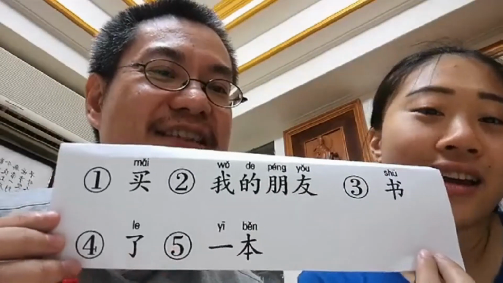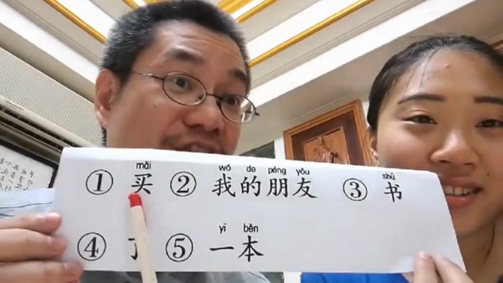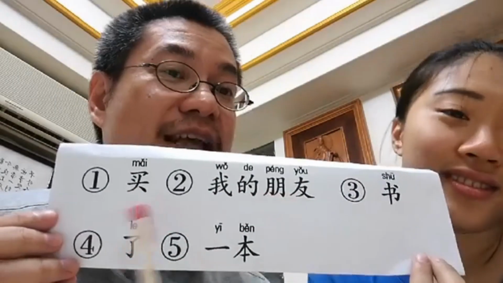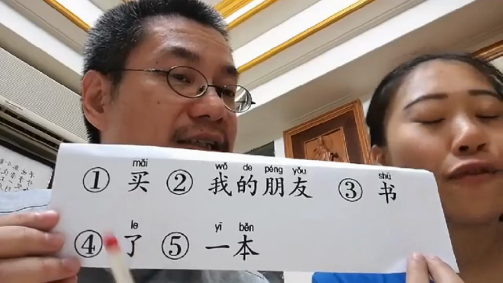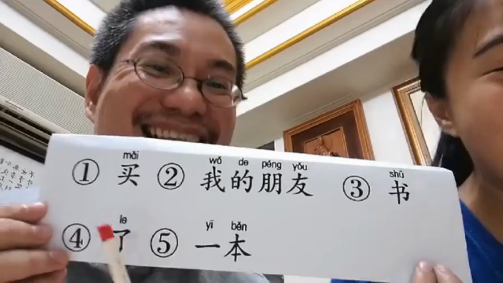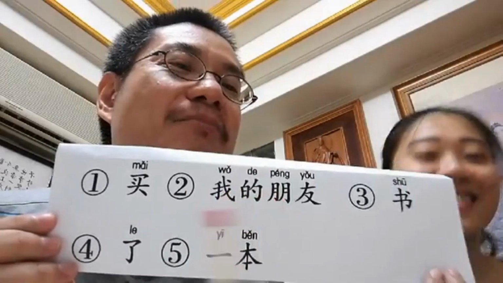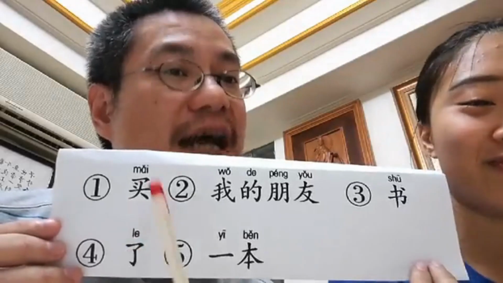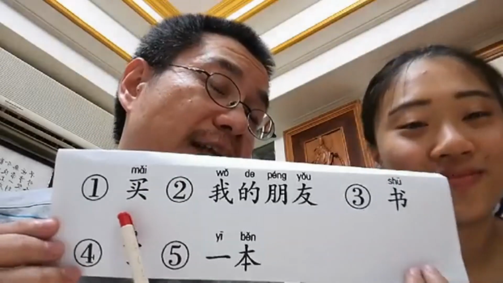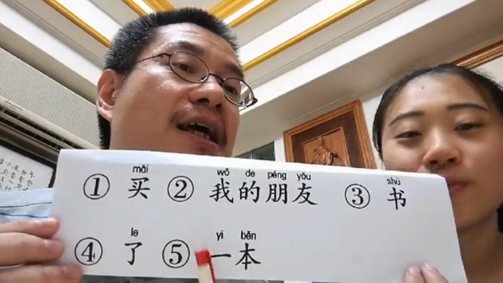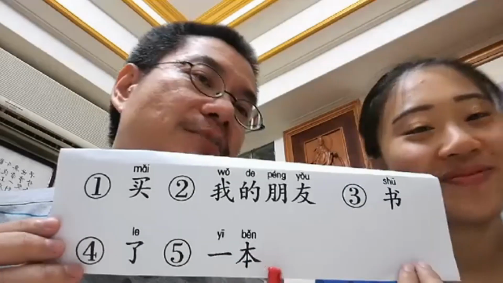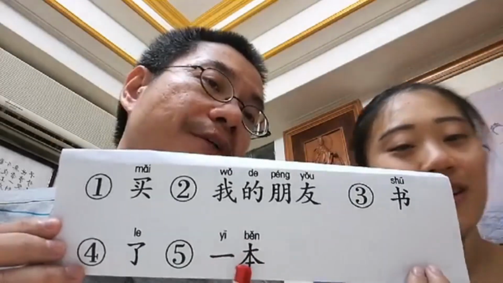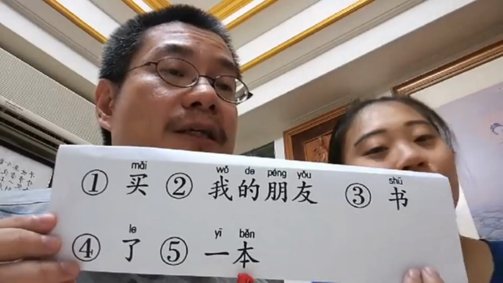And what's the next? You need to find a verb, right? Subject first, then the verb. 买了, because you need to use 了 after the verb. And what's the next? Number plus measure word, 一本.